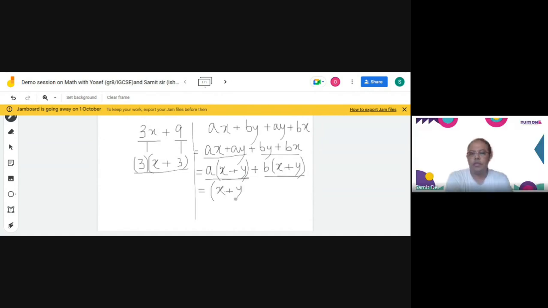This is common because this is an expression which is present here. This entire thing is present in the first term. This entire thing is present in the second term. So if I take x plus y out, I am left with a plus b. So my factorization of this particular expression is x plus y into a plus b.